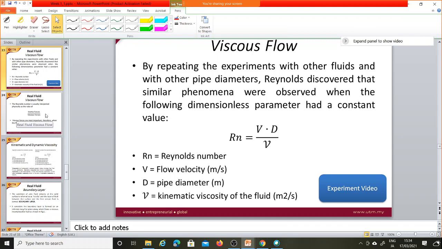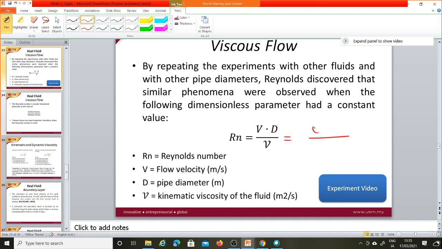So what is the conclusion after this experiment? By repeating the experiment with other fluids, we can actually reach some conclusion. We found that there is a number, a ratio of the inertia force and the viscous force. So we have two different types of force here.